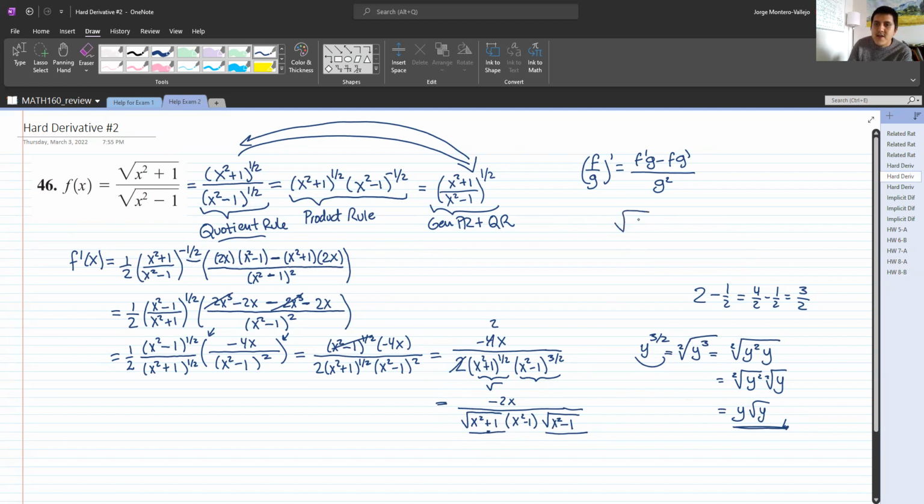Because if I have something like this and something like this, I can do square root of AB, right? So let's do that. Minus 2x, and then I have still x squared minus 1, and now I can bring those two square roots together and their insides, multiply them inside a single square root. So x squared plus 1, and then x squared minus 1.